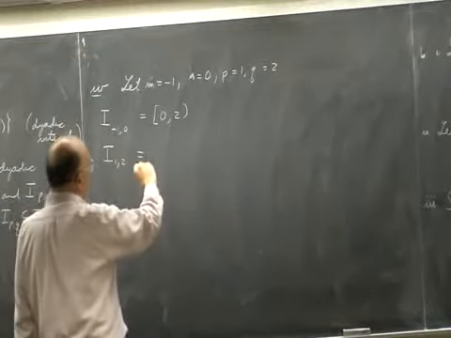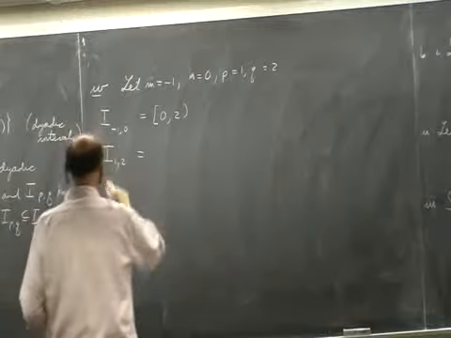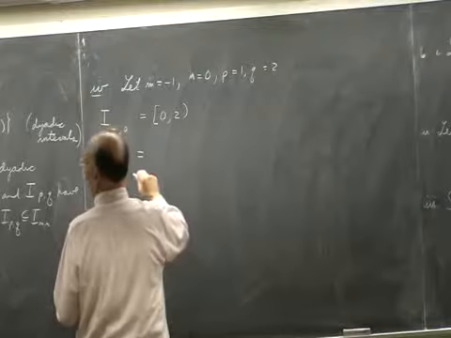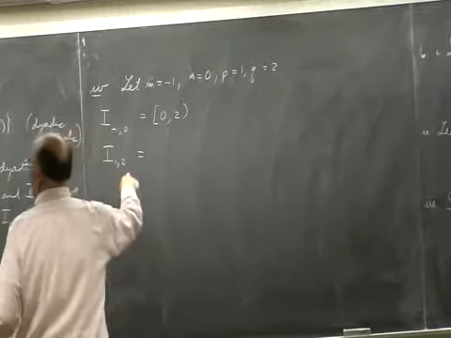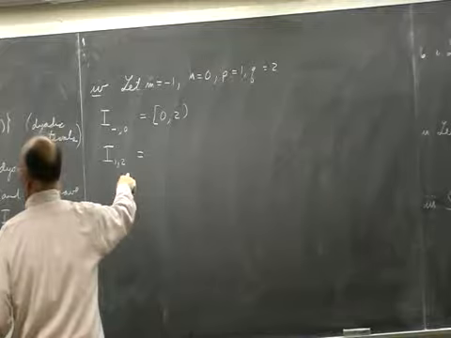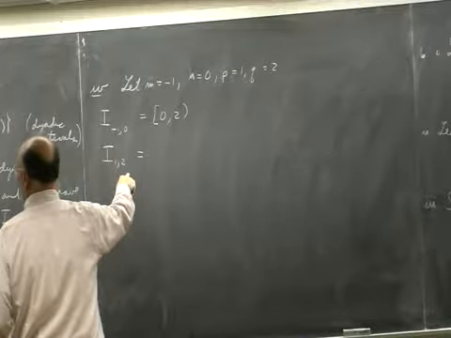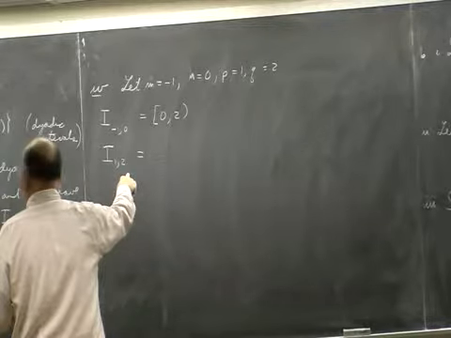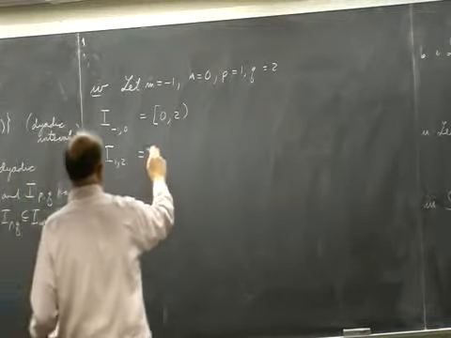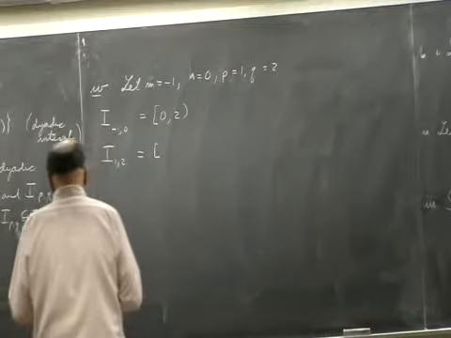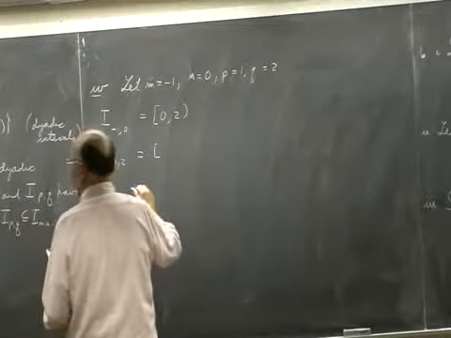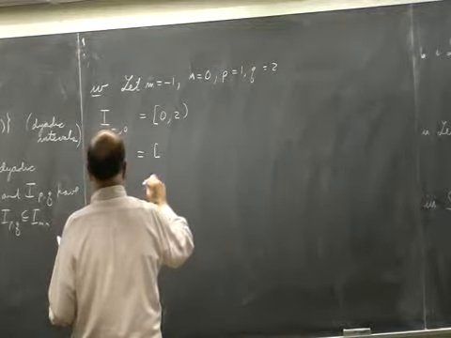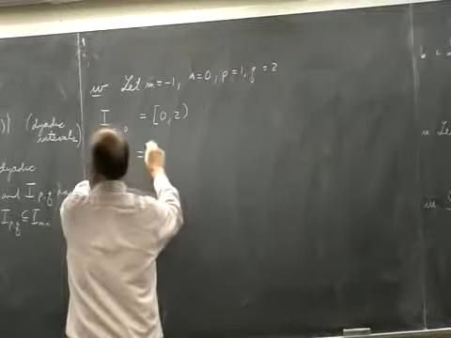And then I1, 2 is equal to, well, n is equal to 1, I'm doing the wrong one.